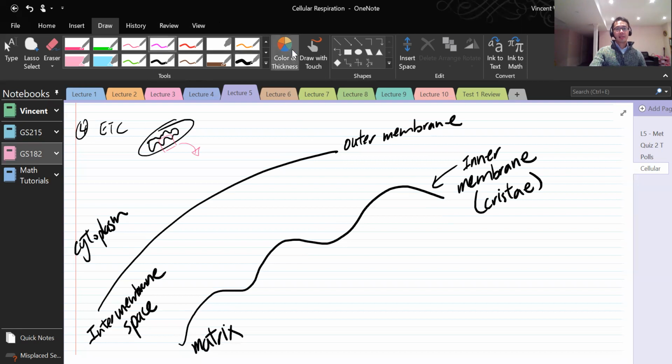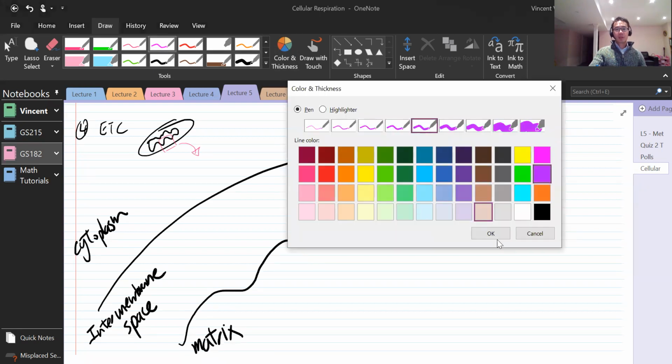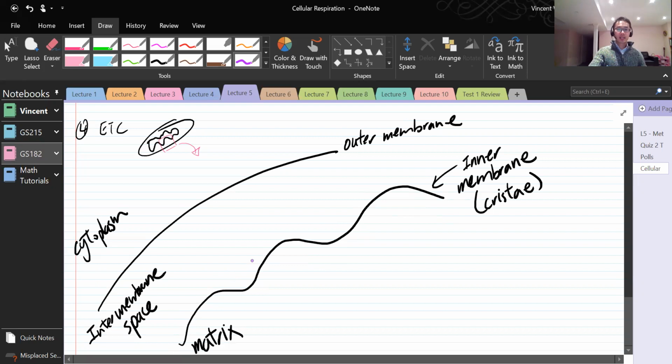All right. Now, embedded within the cristae, we have hundreds and hundreds, thousands probably, of these membrane proteins, and they form what's called the electron transport chain. As the name suggests, the electron transport chain will be responsible for transporting electrons.